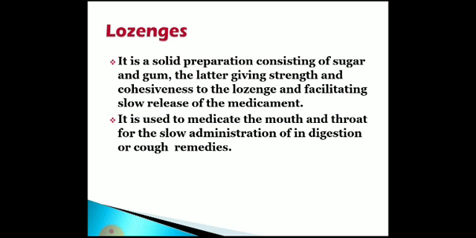Lozenges are solid preparations consisting of sugar and gum, giving strength and cohesiveness to the lozenge and facilitating slow release of the medicament. These are used to medicate the mouth and throat, for slow administration in digestion or as cough remedies.